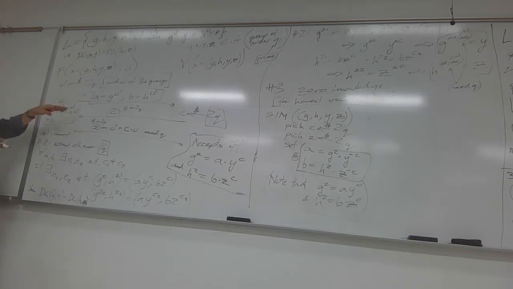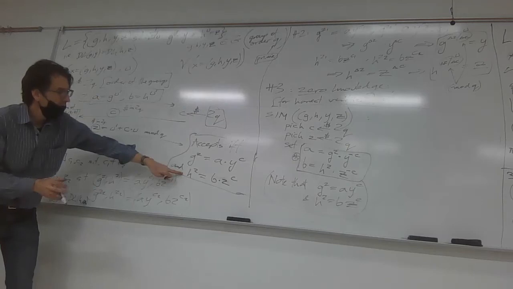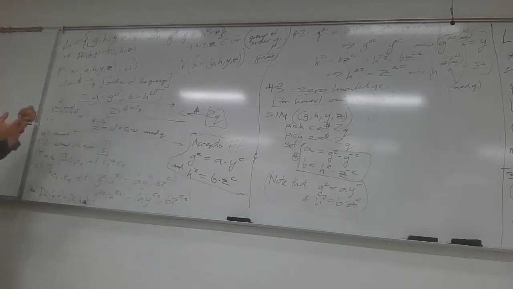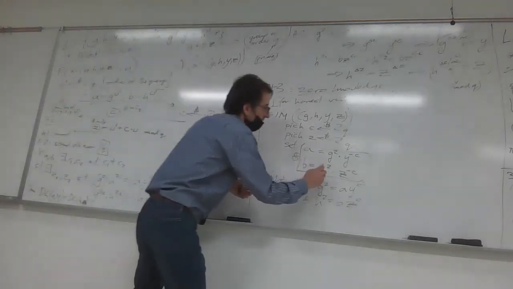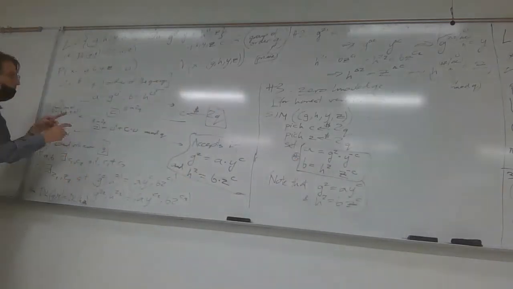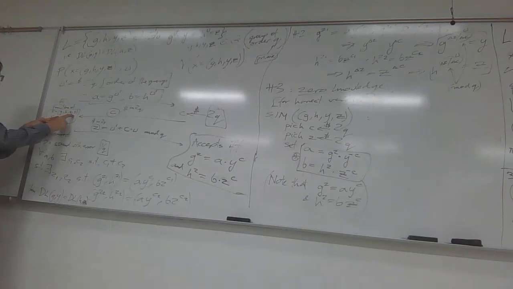Because you see, if these A, B values satisfy this relation, then that's if and only if A and B are this function of the statement G, H, Y, Z dash, the challenge C, and the response Z. They're deterministic based on the rest.